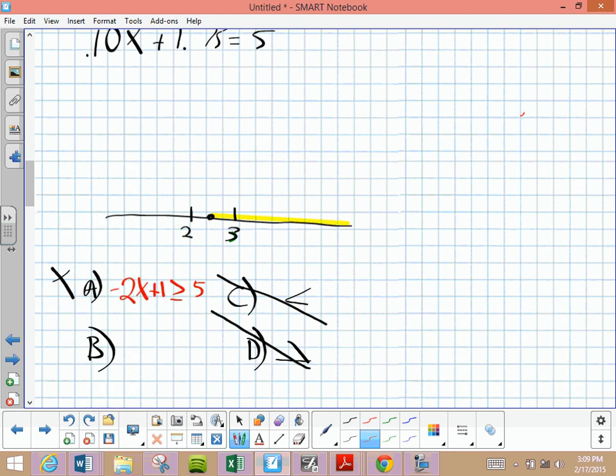No, 6, not 5. Let's make it 6 so you can get 5. When you work that out, it will give you x is less than or equals to 2.5, right? Is that the same as this? Listen to what I'm saying.